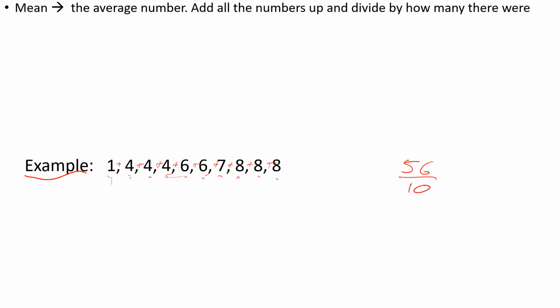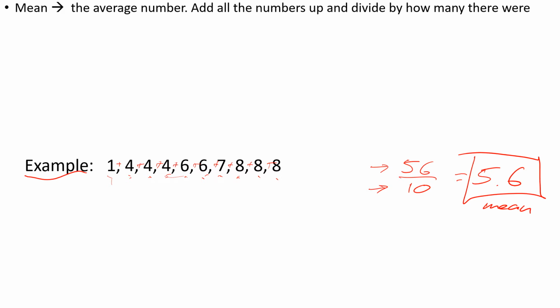There's 10 different samples, so I added all the numbers up, and then I'm going to divide by how many samples there were. So 56 divided by 10 equals 5.6, and this is what we call the mean. The mean is just a mathematical way of meaning the average number, so adding them up and dividing by how many there are.